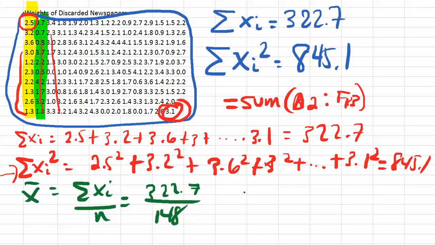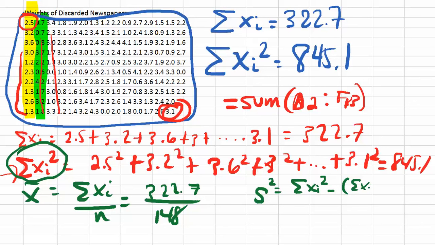And once we find the sum of xi squared, we can also use that to calculate the variance, because the formula for variance is s squared equals sigma xi squared minus sigma xi, squared, outside, divided by n, all divided by n minus 1.